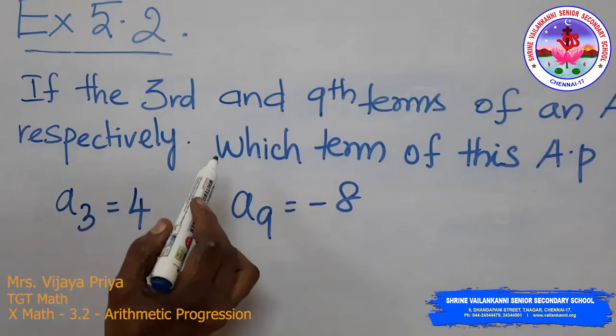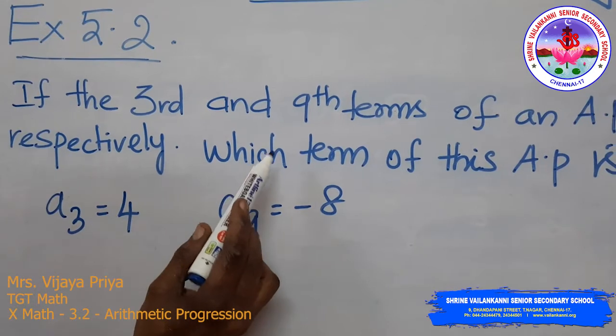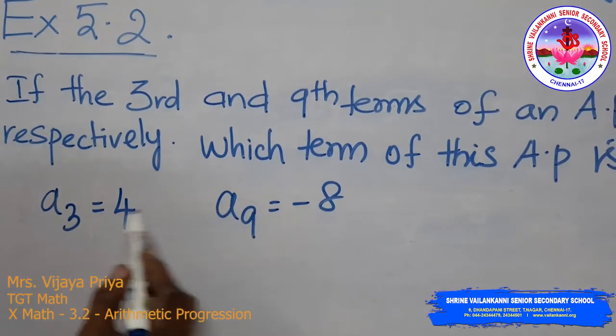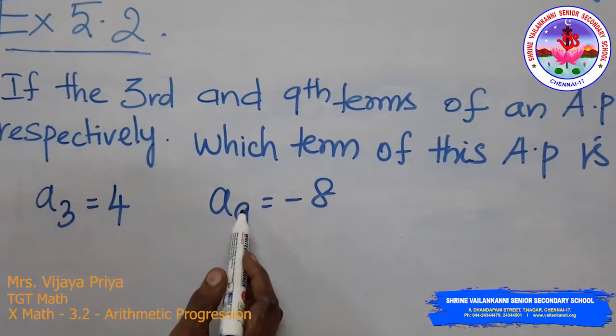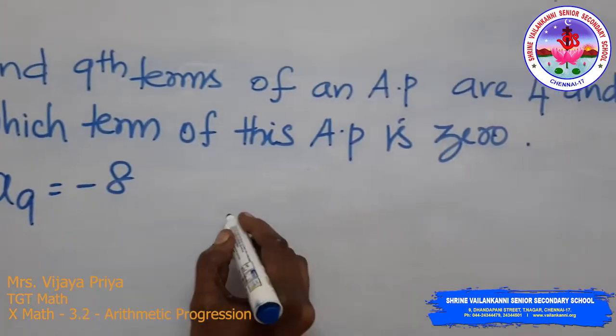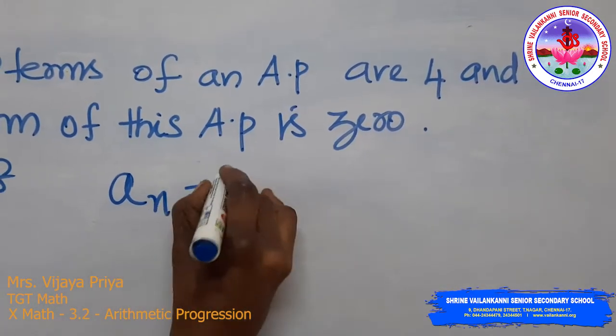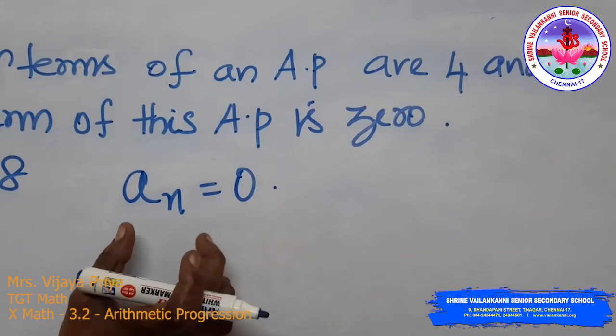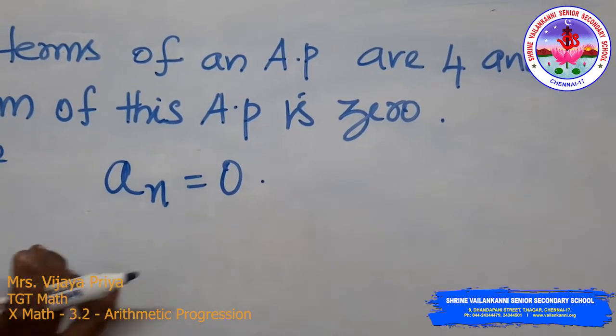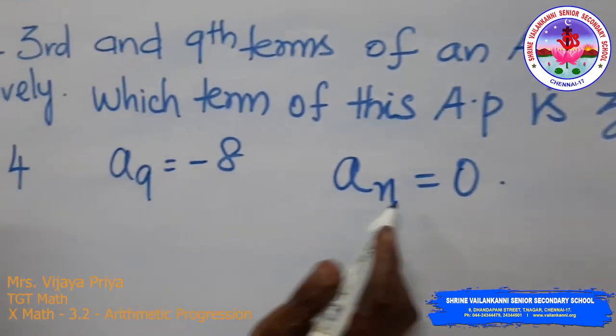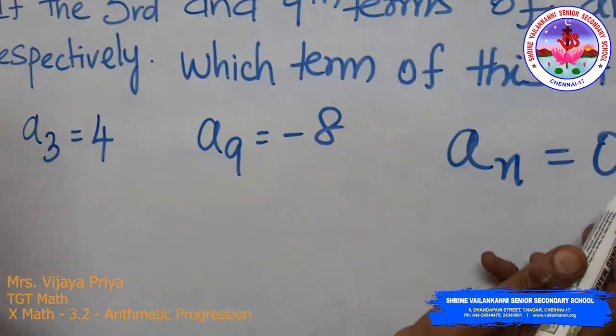Here A and D are not given. So we are going to find A and D from these expressions and substitute in an is equal to 0.